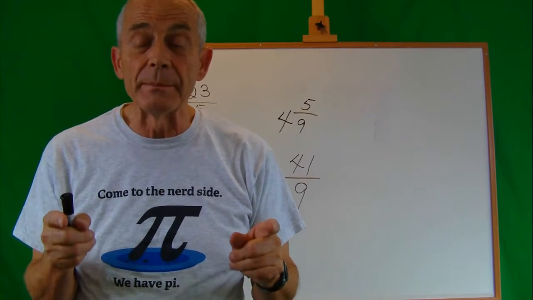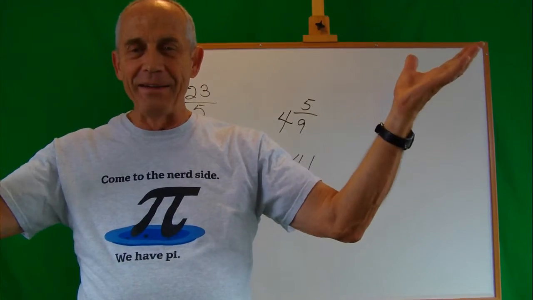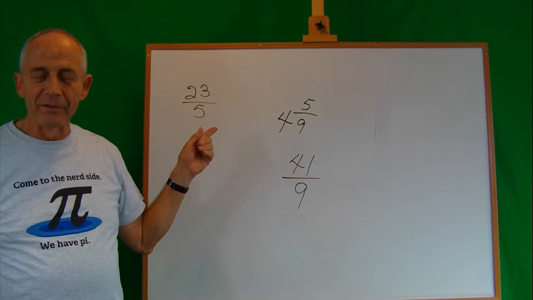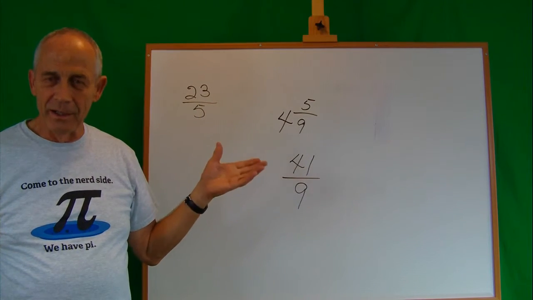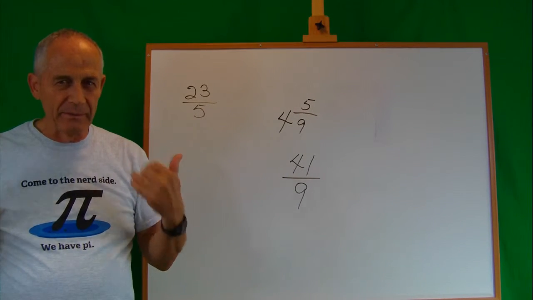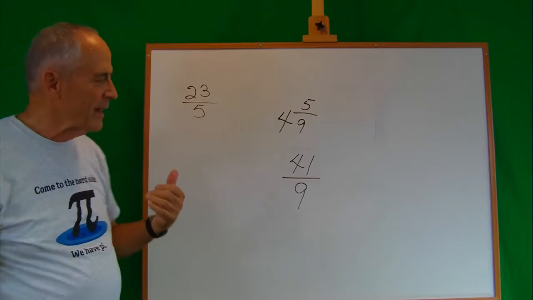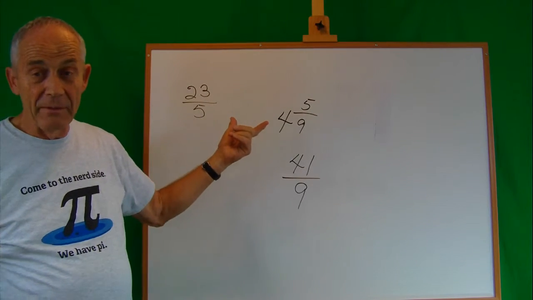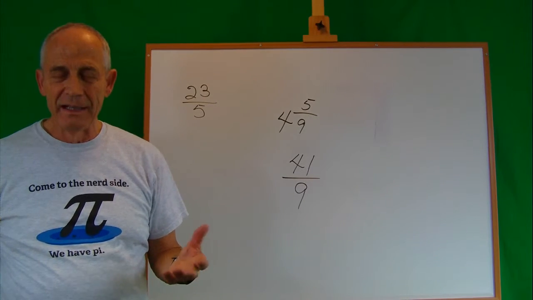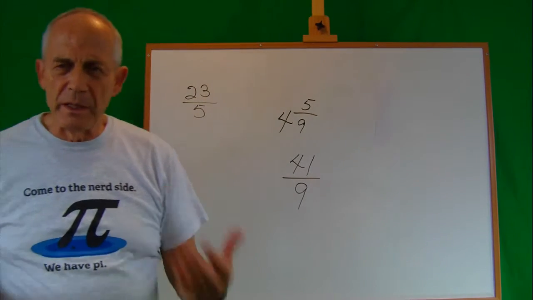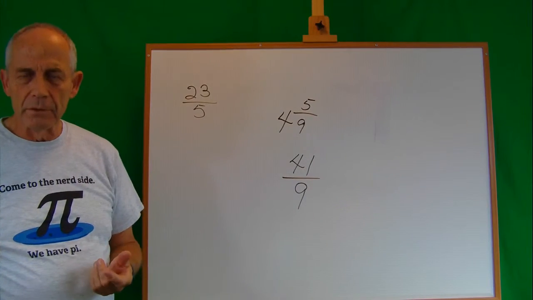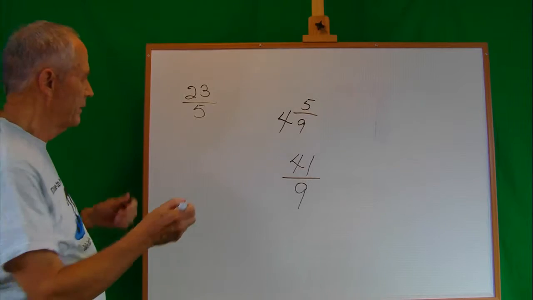How many fifths does it take to make a whole? 5. How many groups of 5 are there in 23? Well, we find that. That's another one of those reasons for thinking about the division the way I've taught it. We want to know how many groups of 5 there are in 23, so we divide 23 by 5. And hopefully as we get familiar with our numbers and do this, we know that there are 4 full groups of 5 in 23.